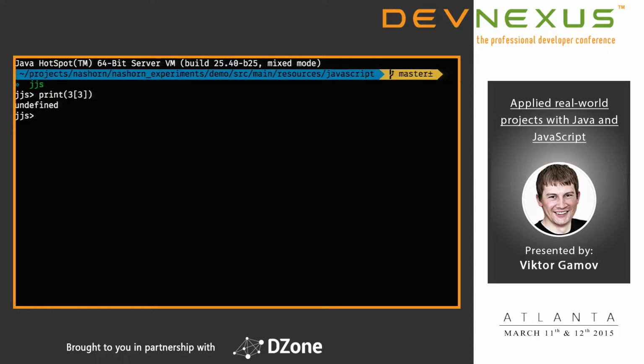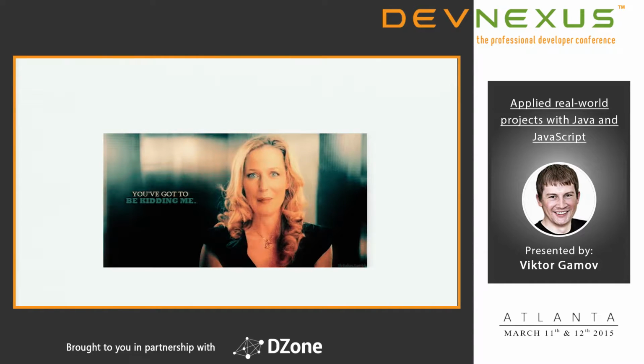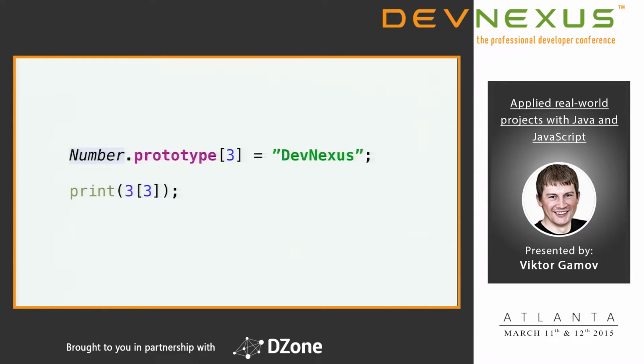So what we have here is a very odd piece of code. However, I will explain why it makes sense if we make some changes. In this particular situation, if we put something in front, we will get more idea what happens here. So what happens here? The 3 is a number.